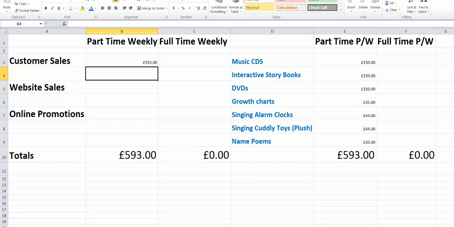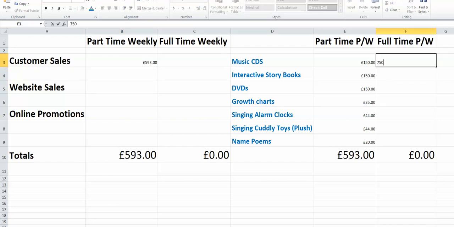Now, if you were to work full-time and you were doing this 5 days a week, then of course all these figures can be multiplied by 5. So we'd be looking at £750 for the CDs, £750 for the storybooks, and £750 for the DVDs.